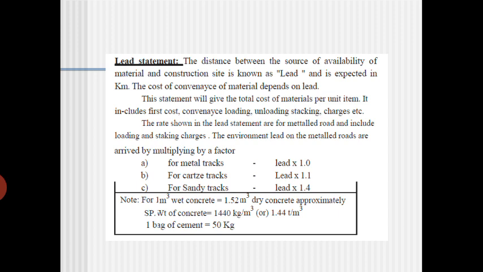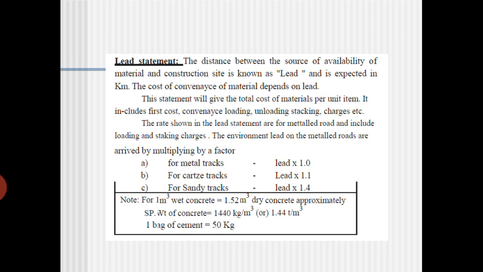If you take the PWD SR rates, they have made separate lead instructions: if your site is this much distance, you have to take this much; for a tractor you have to take this much, for a truck you have to provide this much only. In the other old PWD rates this was not there, but this time they have included the lead rate in the new PWD SR rate.